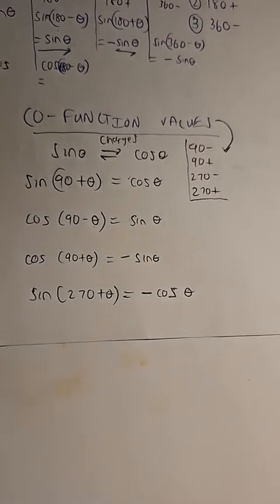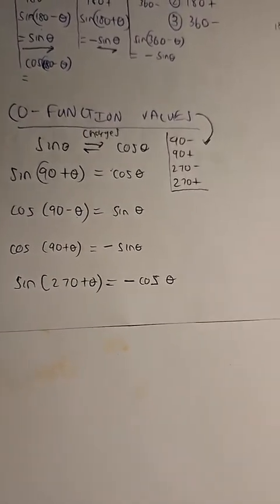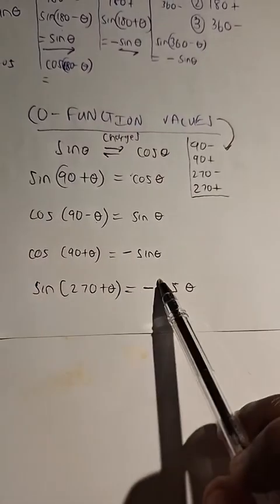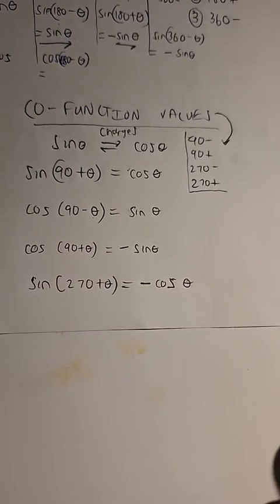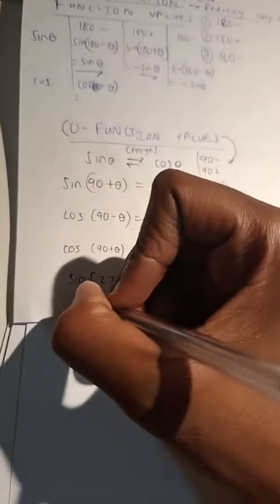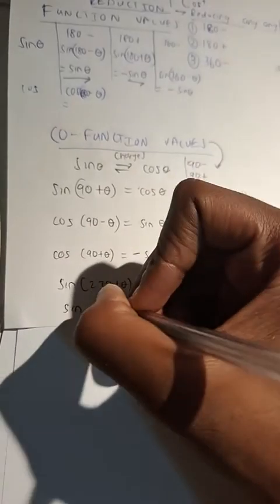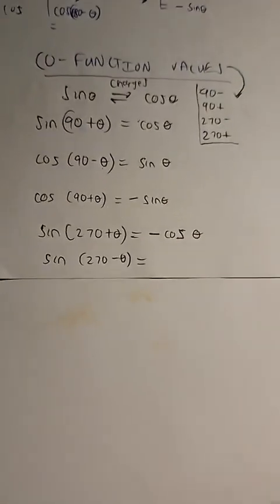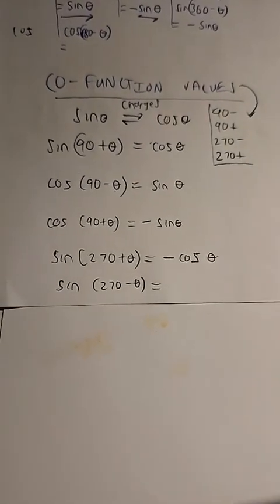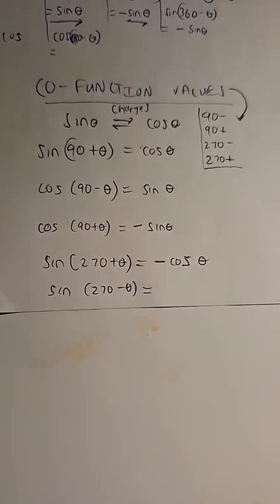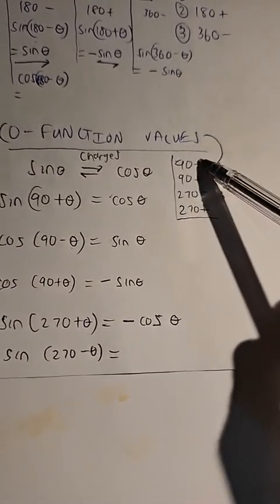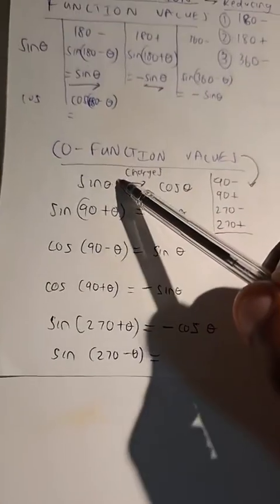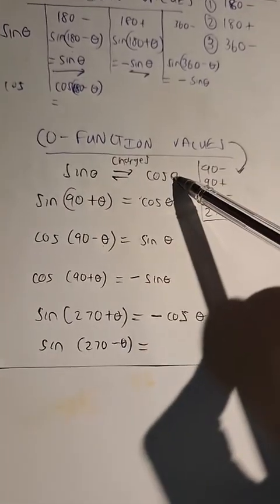Okay. Guys, that's basically how we go about with our co-function values. There's always bound to be a change in the trigonometric ratio. I'm just going to do one last one to wrap it up. I'm sure you guys get the drill now, and you're like, okay, sir, what you are saying to me is that 90 minus, 90 plus, 270 minus and 270 plus lead to a change in the trigonometric ratio.